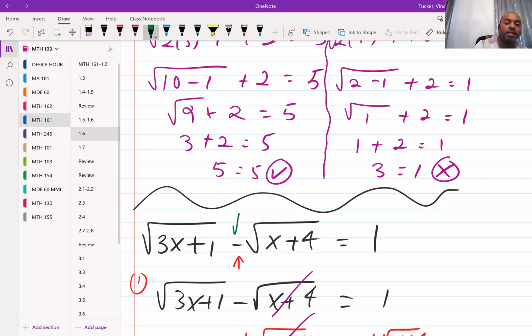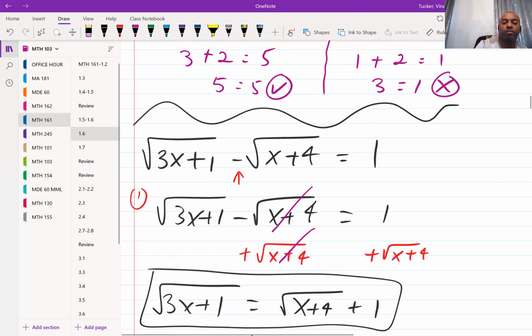Since there's a minus sign sitting in front of this one, I will go ahead and add that to both sides. So this is how we're looking. I added the square root of x plus 4 to both sides.